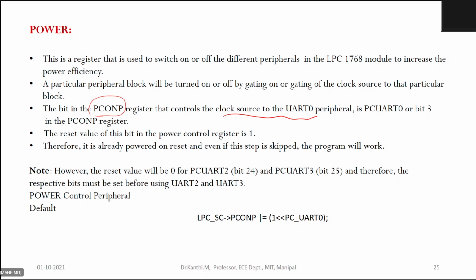Not only for UART0, you have it for other peripherals. Since I have taken UART0 as an example, you will be using PCUART0, or bit 3 in the power control register. Similarly, you have it for UART2, UART3 and UART1.